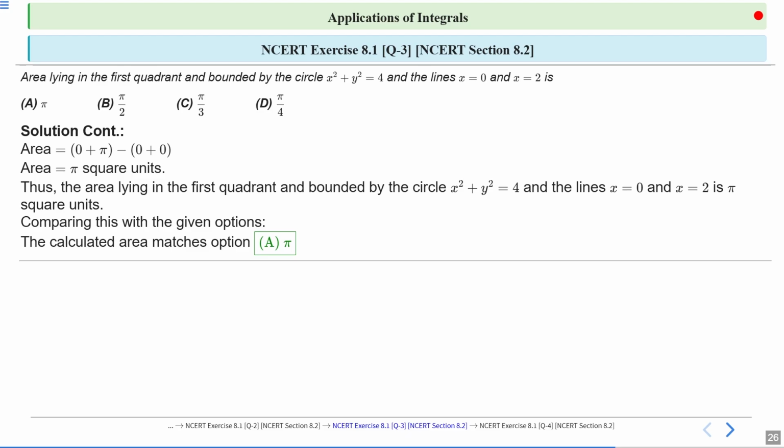We have to find the limit from the equation of the circle, and the value of y is, as we calculated, plus minus root under 4 minus x square. And as we calculate in the first quadrant, the limit of y varies from 0 to root under 4 minus x square. Okay, we can also calculate it by using the horizontal strip, but the vertical strip is easier.